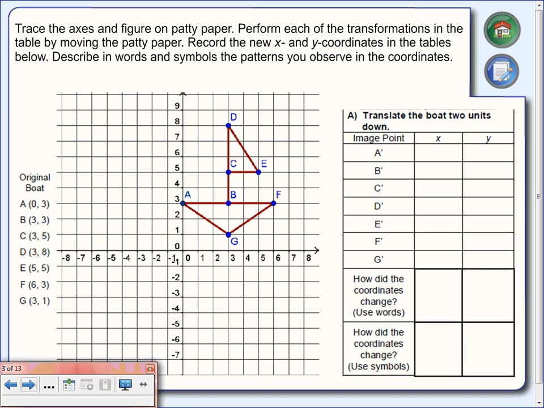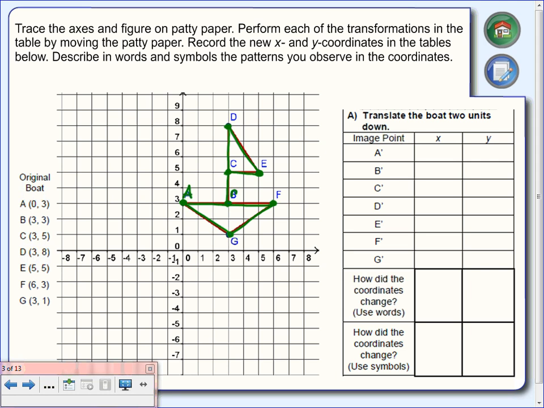Now when you trace it, you're going to trace the points, you're going to trace the boat, and you're also going to trace over the letters of each of these points. All right, so we're tracing everything. The boat. We're highlighting these key points here. And we're also going to label each of the points.